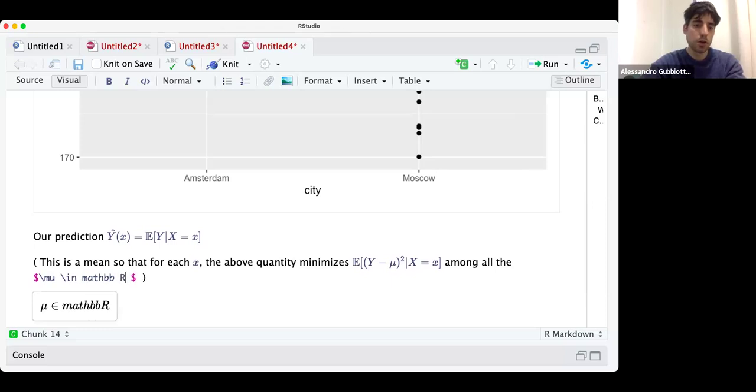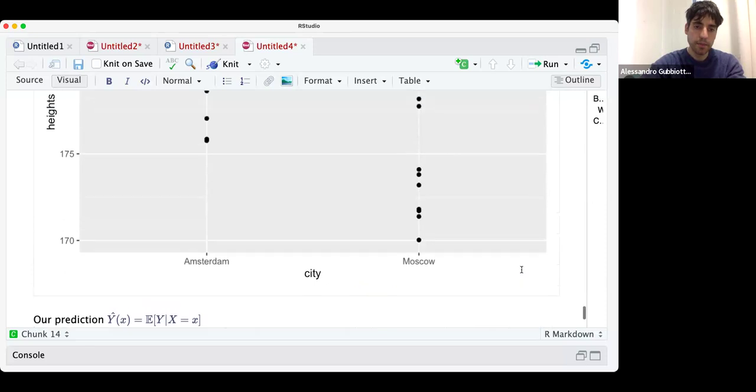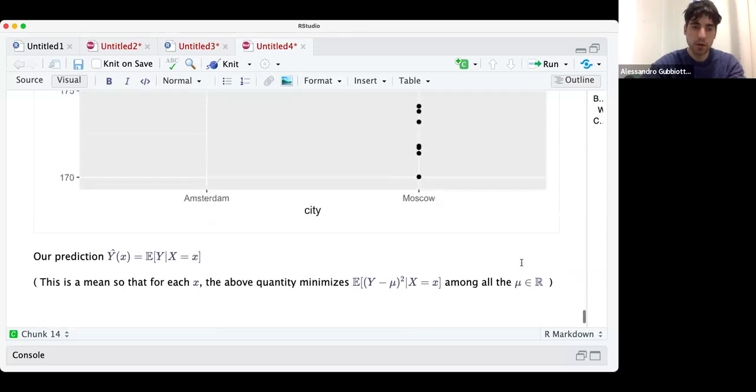So for sure, this prediction will be better.